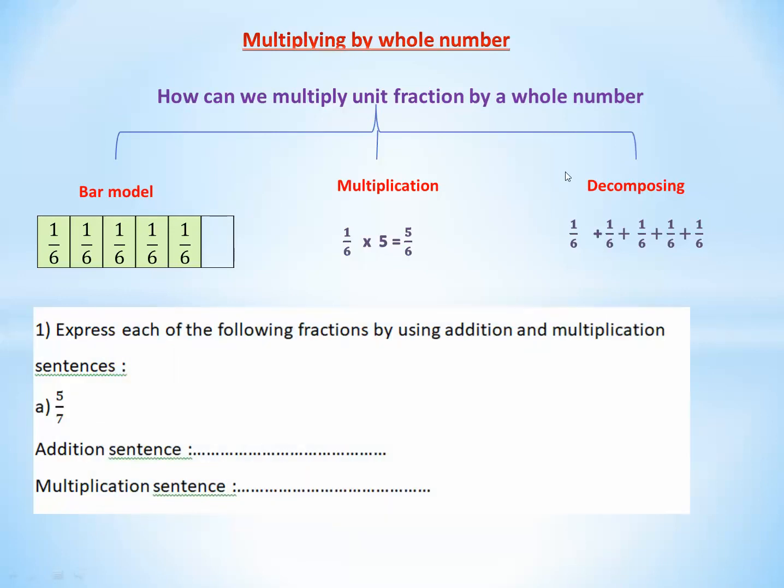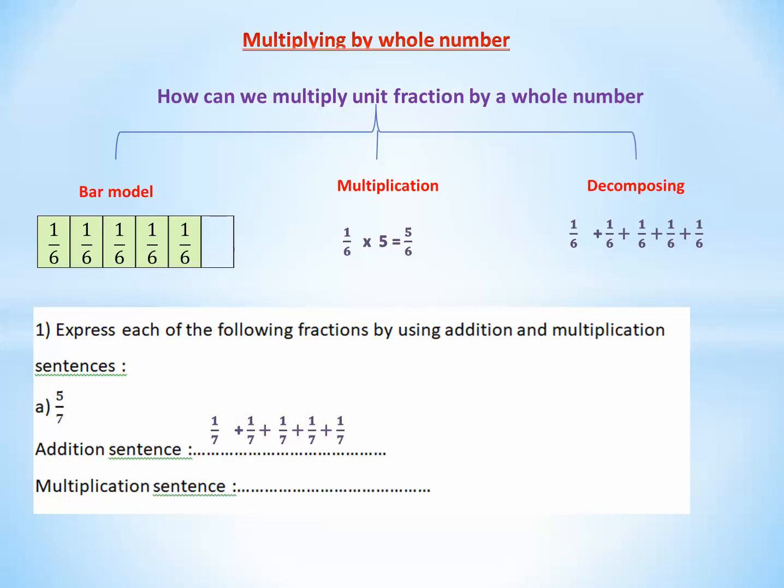Express each of the following fractions by using an addition and a multiplication sentence. 5 over 7. The addition sentence will be, yes, we use unit fractions: 1 over 7 plus 1 over 7 plus 1 over 7 plus 1 over 7 plus 1 over 7.